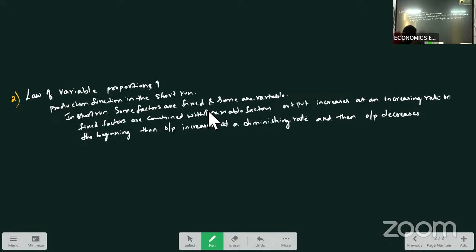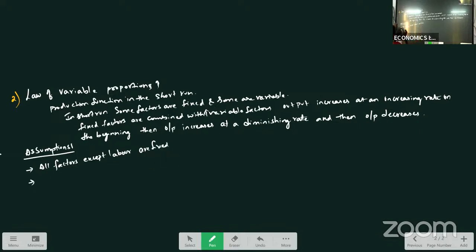Now, when we explain this law, we have made certain assumptions. What are the assumptions we made over here? First, all factors except labor are fixed.